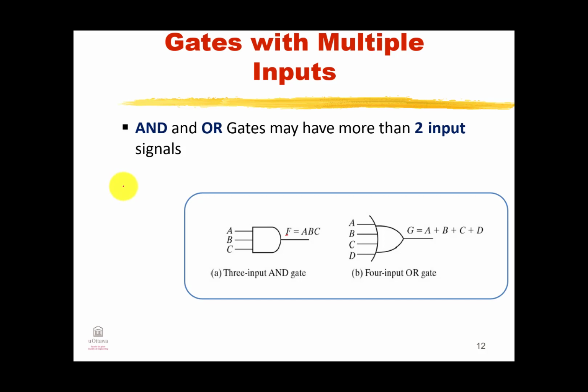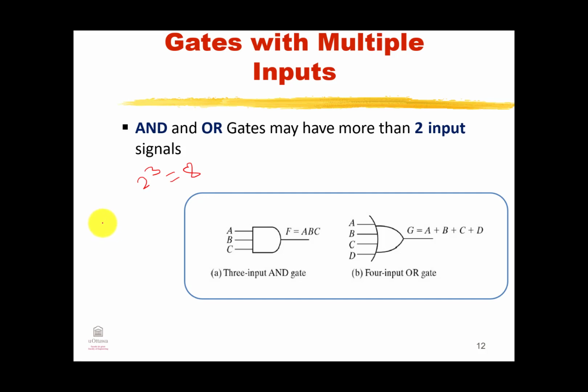We have three inputs. What are the possibilities of each input? Two values, either 0 or 1. So it's 2 to the power 3, which is equal to 8. That means my truth table has to include 8 possibilities with their output.